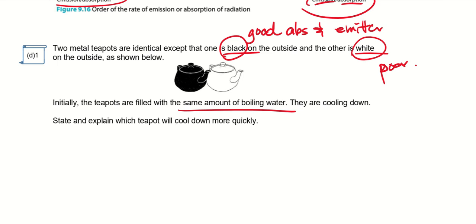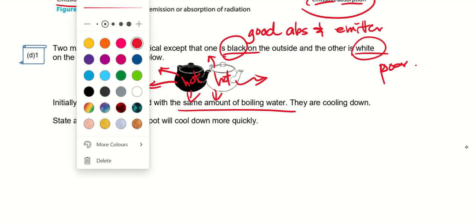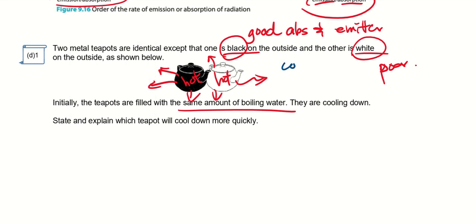So ask yourself, where is it hotter? It is hotter inside. It is going to emit thermal energy. So later on, I cannot talk about absorption because the surrounding is actually cooler. Thermal energy always flows from a region of higher temperature to a region of lower temperature. And they are cooling down. That means they are both emitting thermal energy.